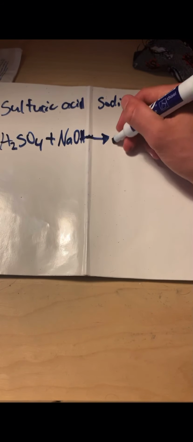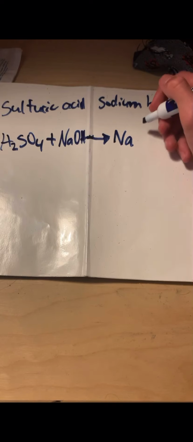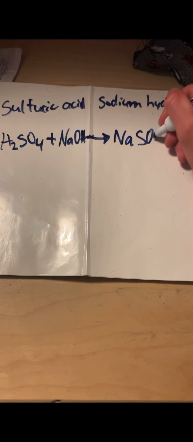This was A, and this was C. You're kind of going to be switching those. So if you just look at it quickly without balancing, we're just going to get Na2SO4 plus HOH.